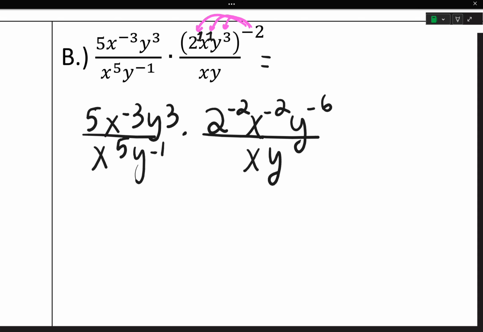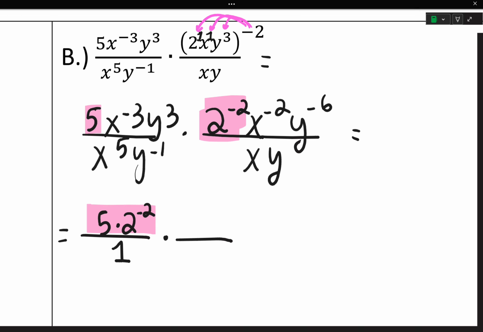Starting with the constants. I have 5, and I have 2 to the power of negative 2. There's nothing on the bottom of the fraction, so I'll just give it a 1. Okay, now let's do the x's. I got this one, and this one.